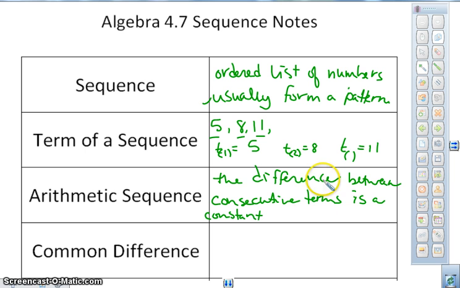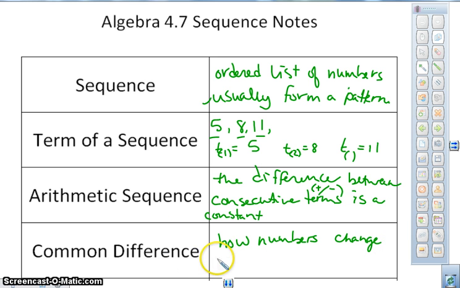So when we think about that common difference, it could be either when we add something, like adding 3, or it could be subtracting something. So the common difference is how the numbers change. This was on your first page of the notes that you should have filled in. How the numbers change.